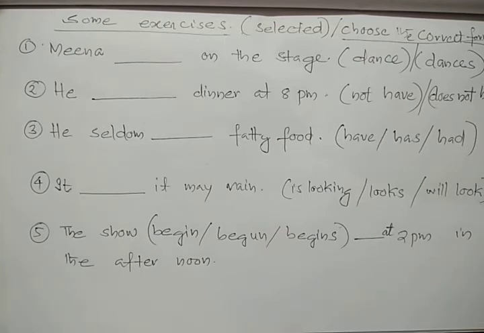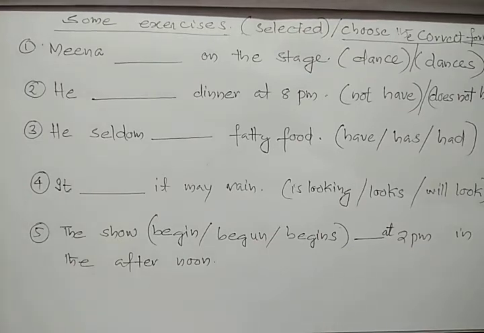Fourth, it dash, it may rain. Options, is looking, looks, will look. Fifth, the show dash at 2 p.m. in the afternoon. Options, begin, begun, begins. Now pause the video and answer the questions.